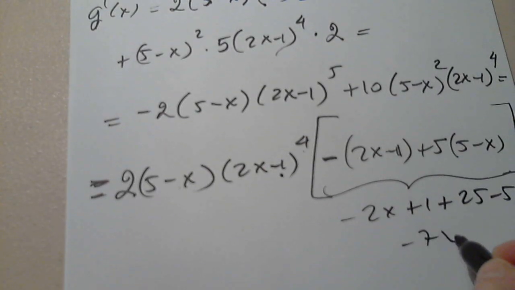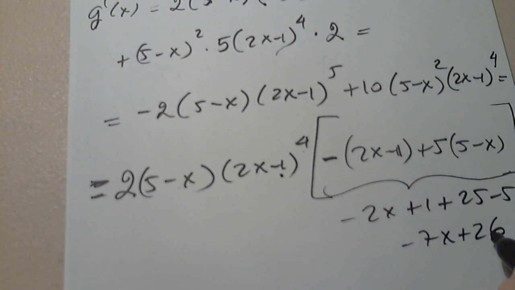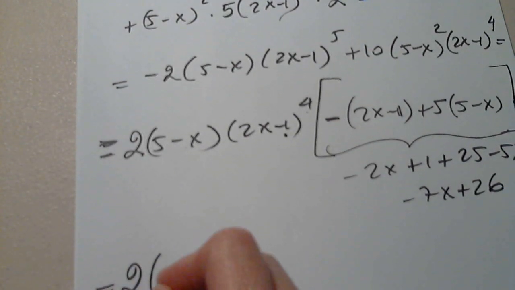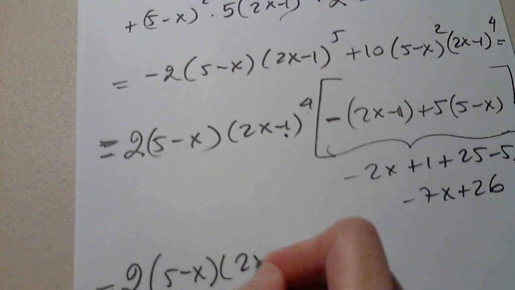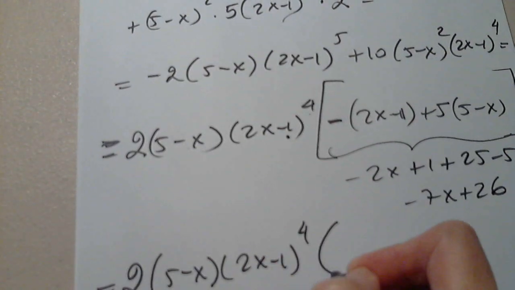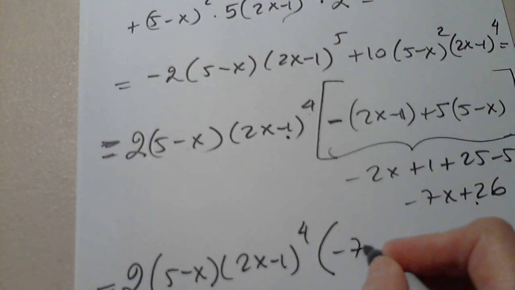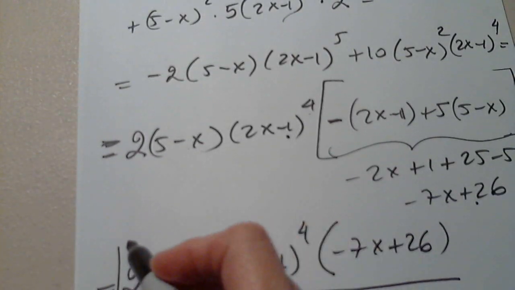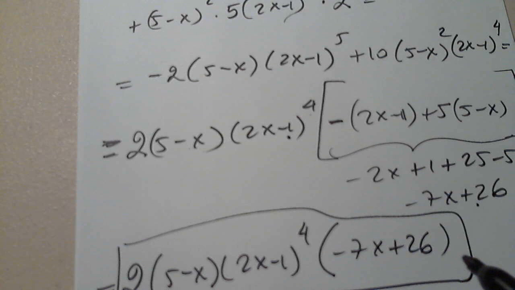Negative 7x plus 26. So therefore, the final answer, 2, 5 minus x, 2x minus 1 to the fourth, negative 7x plus 26. And that is the final form.